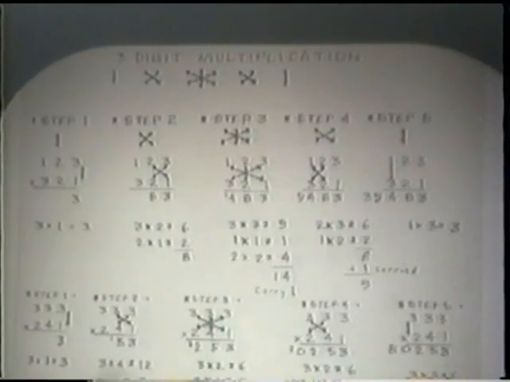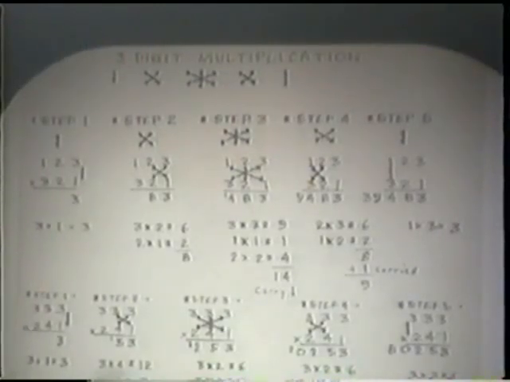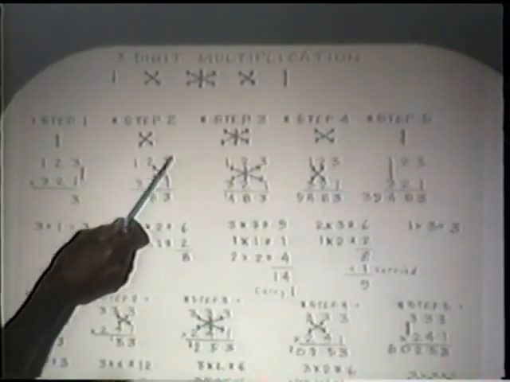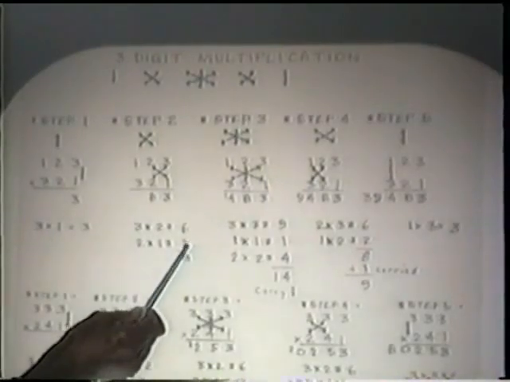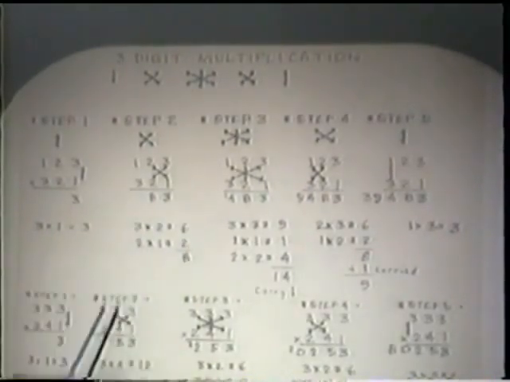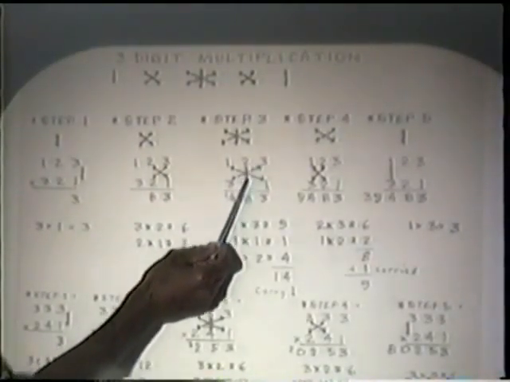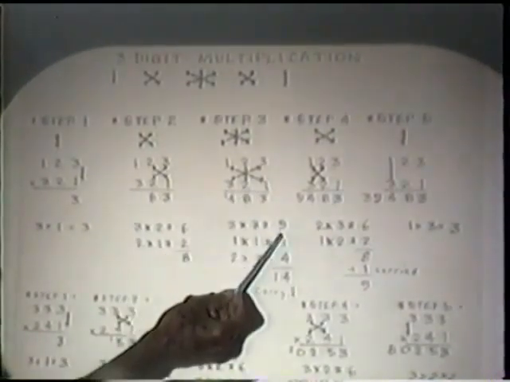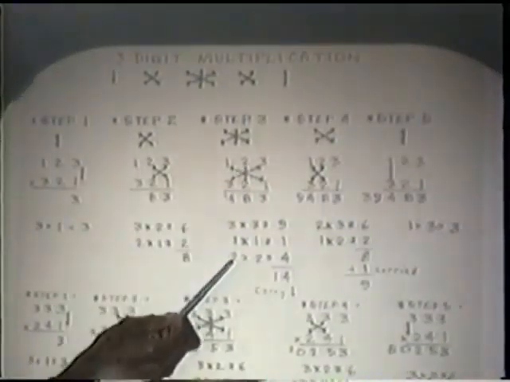Whip out the calculator. Let's do it again. Vertical multiplication, 1 times 3. 1 times 3 is 3. Cross multiplication, 1 times 2, 2 times 3. 3 times 2 is 6, 2 times 1 is 2, 2 and 6 is 8. Now we're going to use vertical multiplication and cross multiplication. 3 times 3 is 9. 1 times 1 is 1. 2 times 2 is 4.